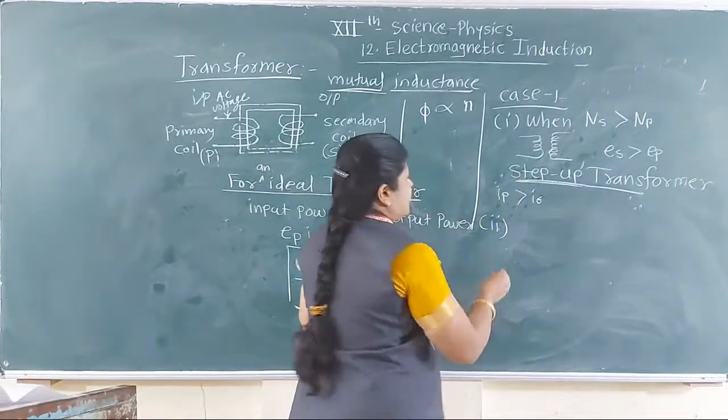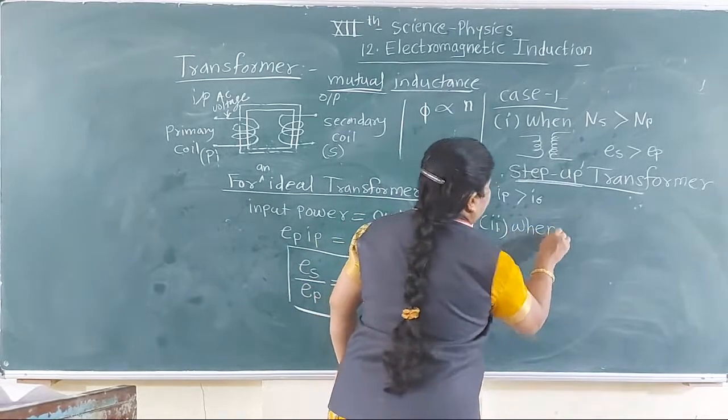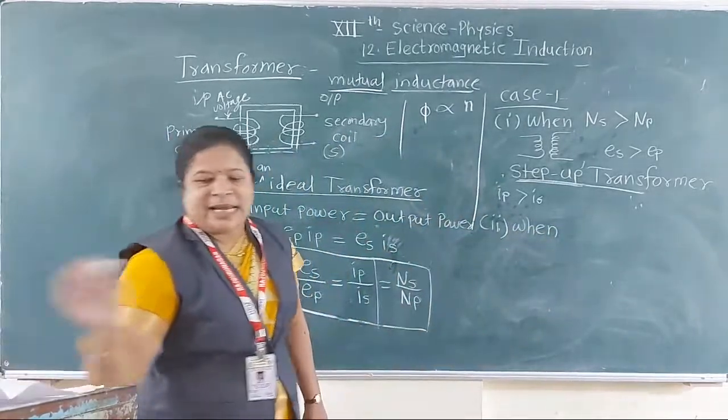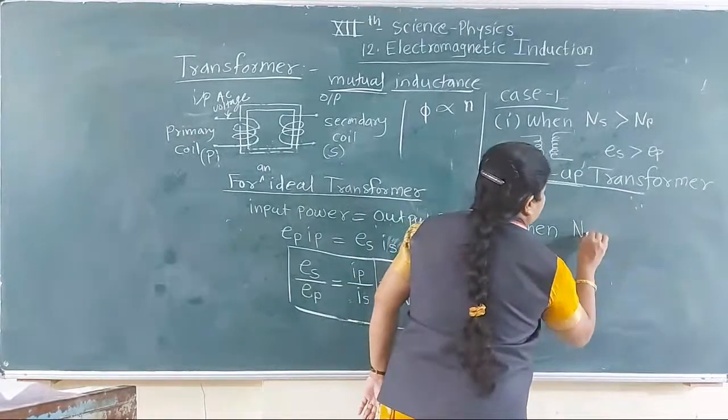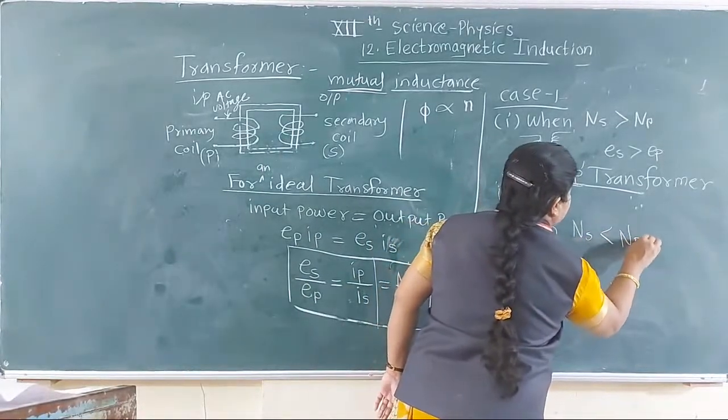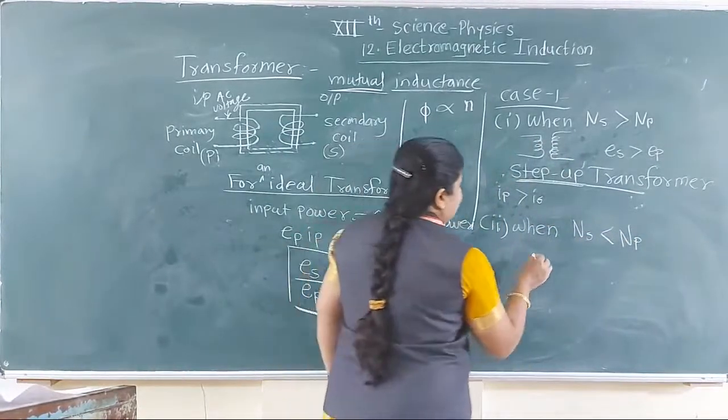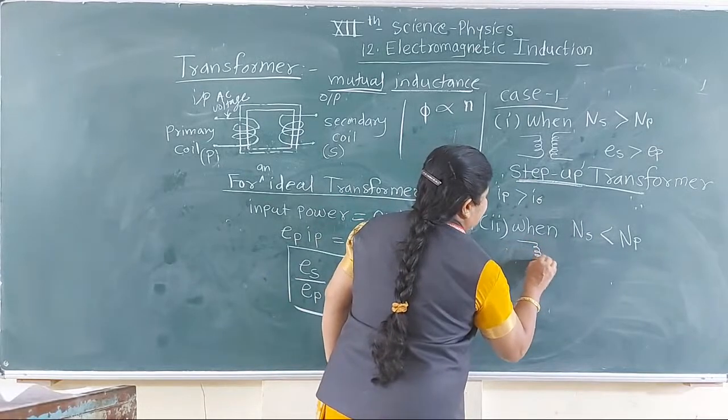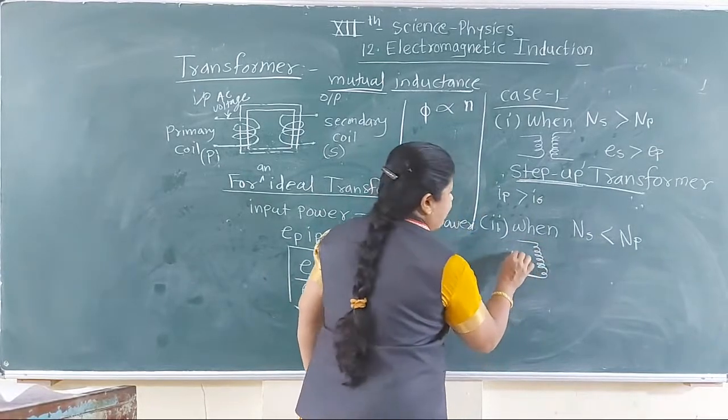In the second case, when Ns is less than Np, that means the secondary coil has fewer turns than the primary coil.